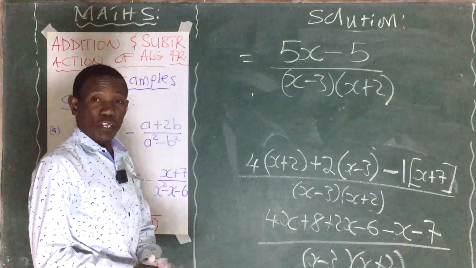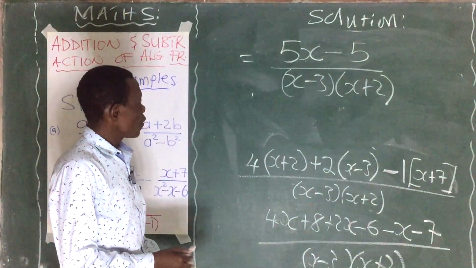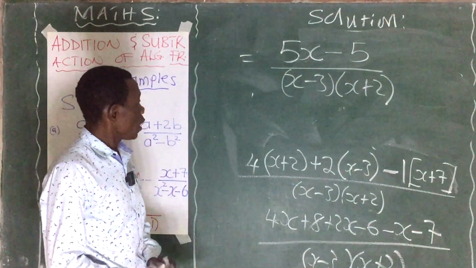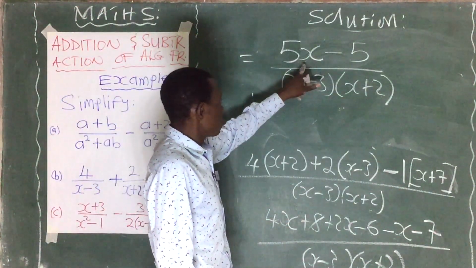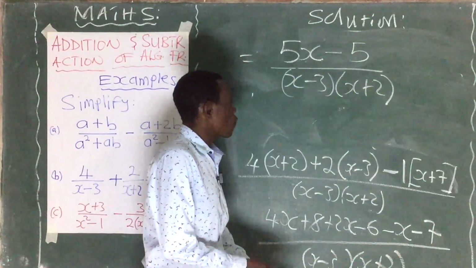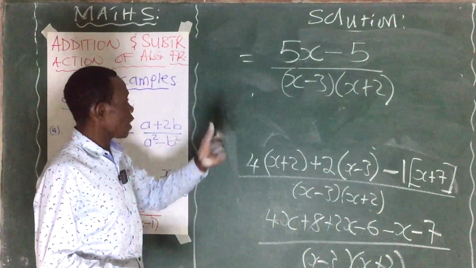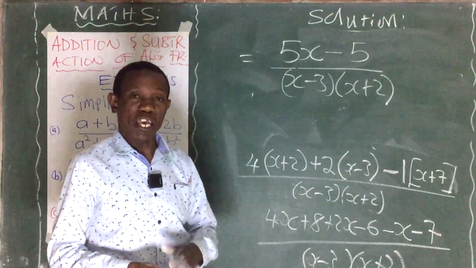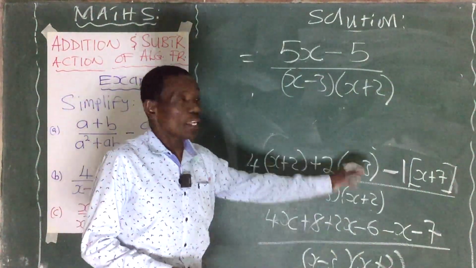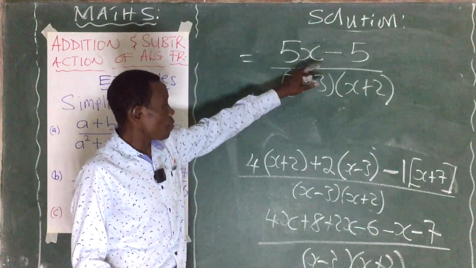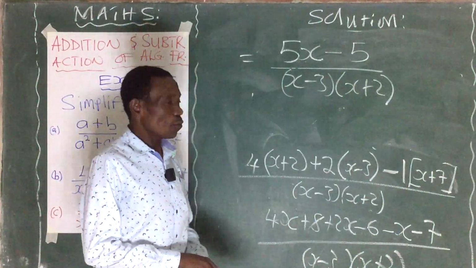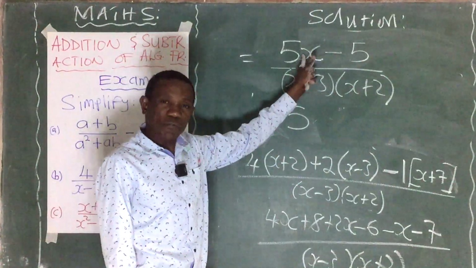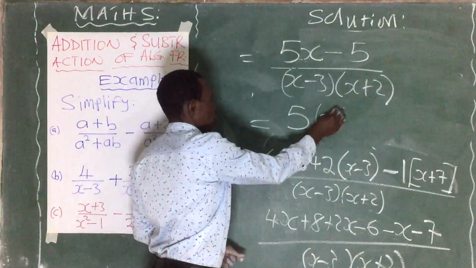Right. If we keep on checking on the top part, you find that something else can be done. What is it? You'll be able to see that the terms in the expression have got a common factor. In that case, it's a 5. So what you do there is like that 5 can be allowed to divide in both terms. That is 5x and negative 5. So if we let 5 getting into 5x, then that is x.